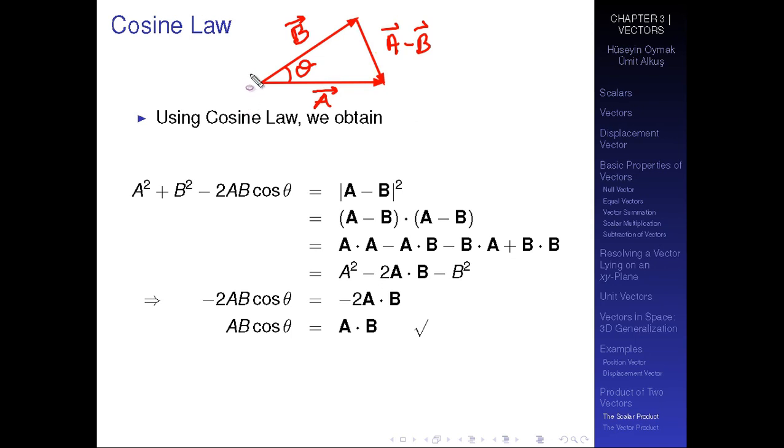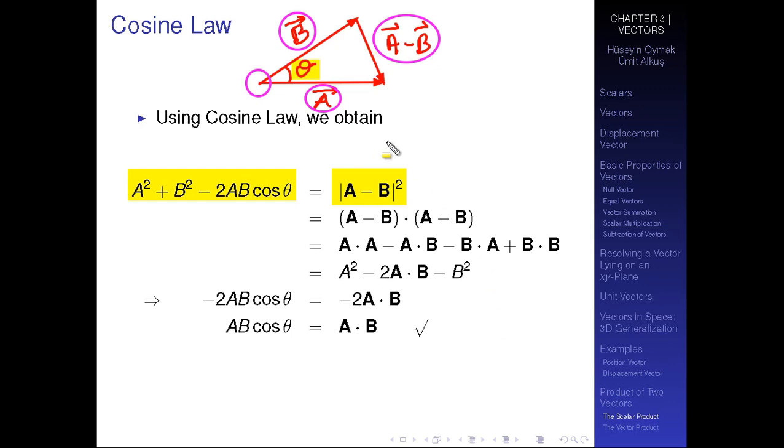So, this is a triangle, then there is a relationship among the magnitudes of the vectors A, B, A minus B, and this angle between A and B. The square of the magnitude of the subtraction A minus B is equal to the sum of the squares of the magnitudes of A and B minus 2 times A times B times cosine of angle theta.